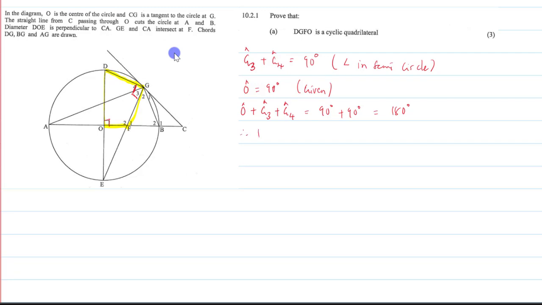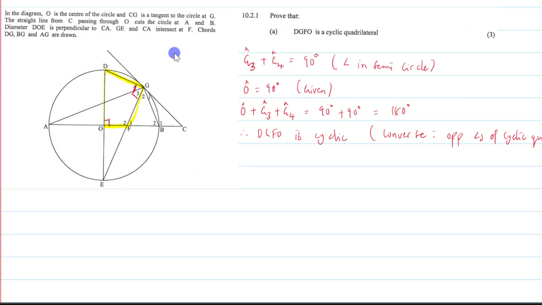Therefore, DGFO is cyclic, and I will have to give a reason for why I'm concluding that it's cyclic. My reason for that, I will say that this is the converse of the rule that says that opposite angles of a cyclic quad are supplementary. Okay, so we've managed to solve that first part of the question.